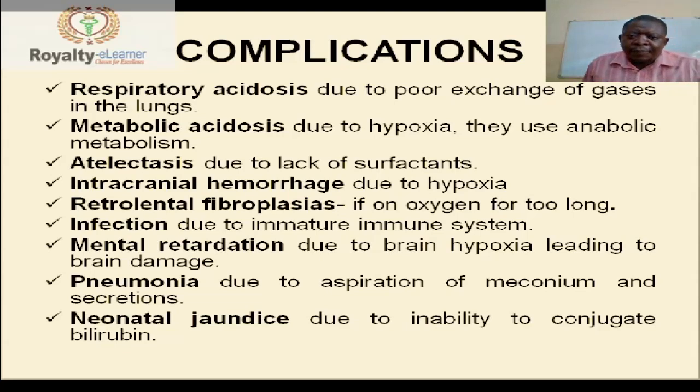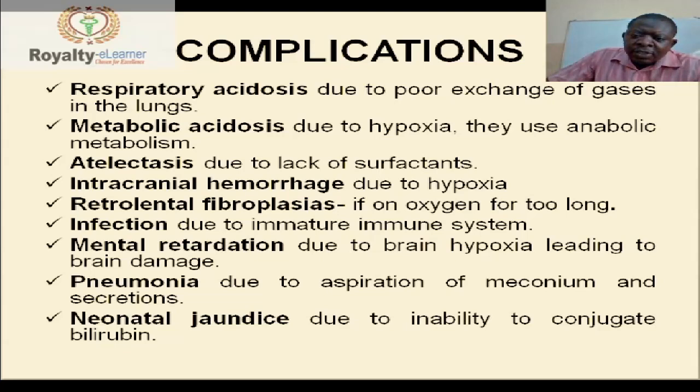And retrolental fibroplasia, which is actually a side effect if on oxygen for too long, the baby may have what we call retrolental fibroplasia. So mostly it may come from oxygen administration. Okay, so infection that is due to immature immune system can also be seen.